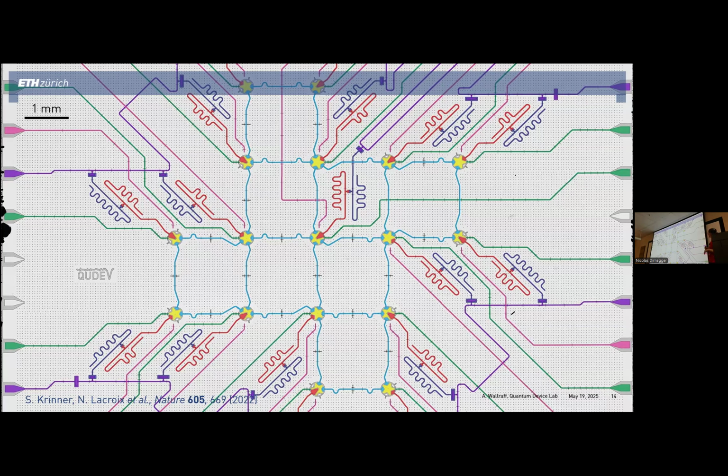I also have not said anything about the dark gray area, which is a silicon substrate. We do our devices on silicon, and the base layer metallization for this device is niobium, and the junctions are made in aluminum and aluminum oxide, and our air bridges are actually aluminum air bridges. For some mechanical stability reason, it's actually an aluminum-titanium-aluminum tri-layer air bridge.